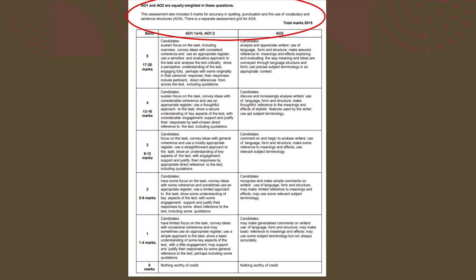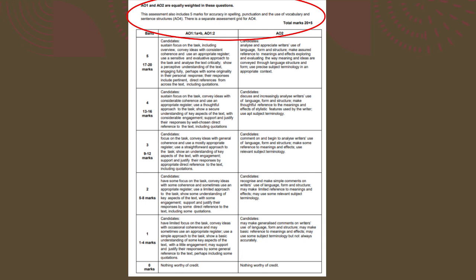You see where it says sustained focus. That's what it means. If you're sustaining your focus, you're consistently coming back to the question and looking at how the character of Macbeth is presented at different points in the play. Now, obviously, it's not as simple as writing an introduction and topic sentences. It does depend on how well you do those, but it's a really, really good start. And I really suggest that you focus on that, please.